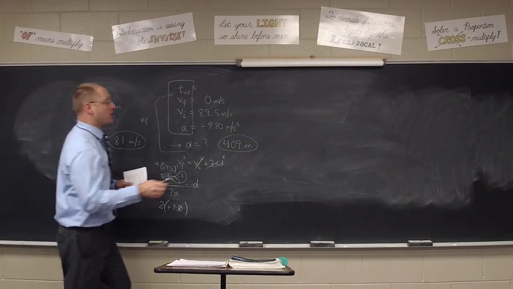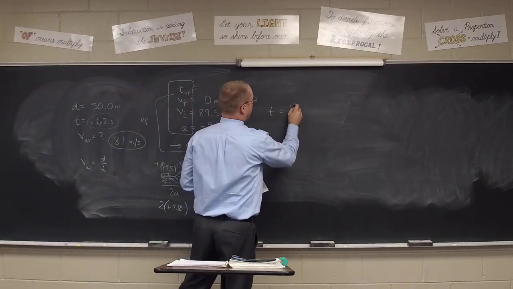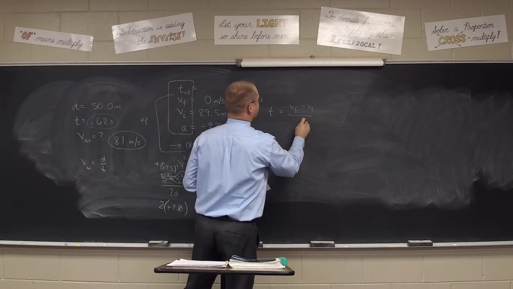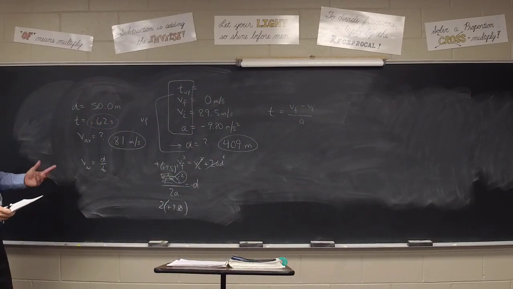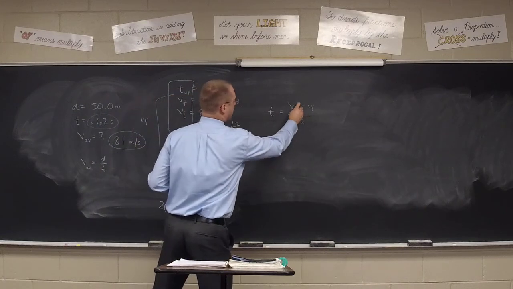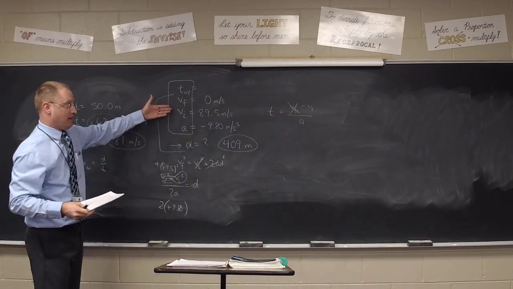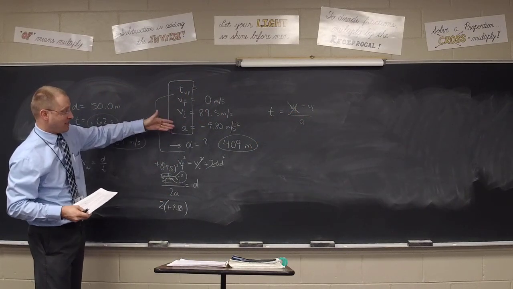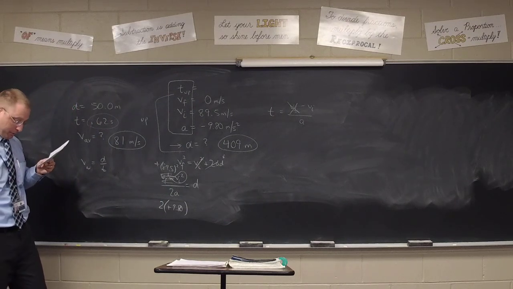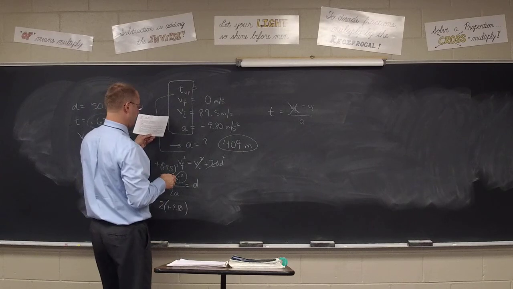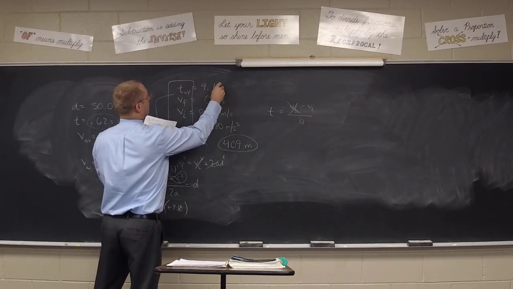The acceleration equation, good, but we'd want to alternate, wouldn't we? We'd say that VF minus VI over the A is equal to the T, as we swap the T and the A, alternate them. Again, the V sub F is 0 anyway, so it's really just the negative 89.5 divided by the negative 9.8. And what does that give just for the time up, Audrey? 9.13.